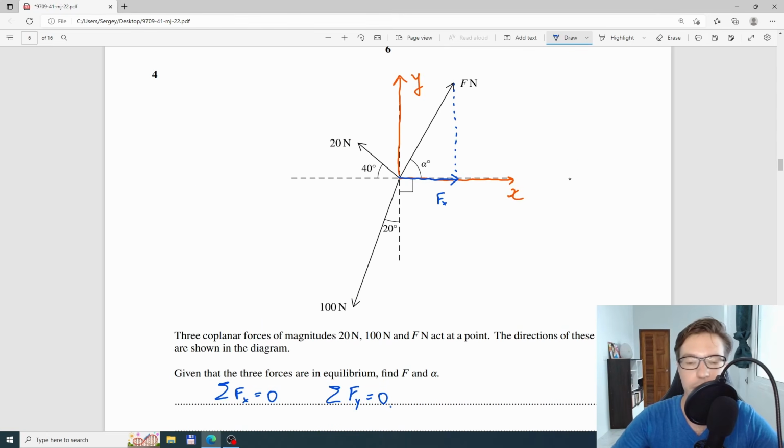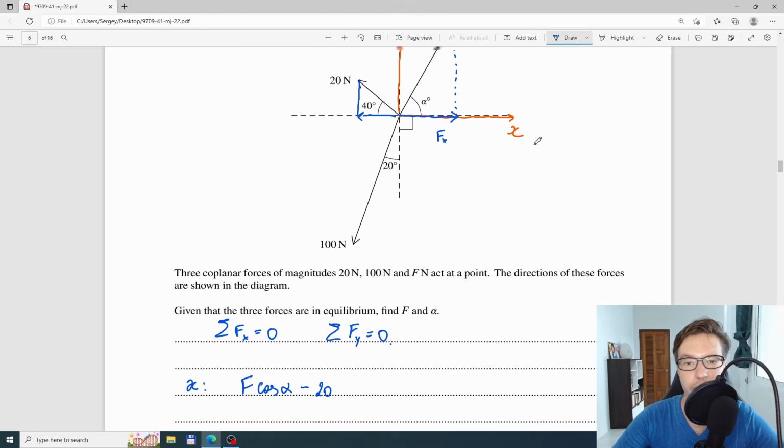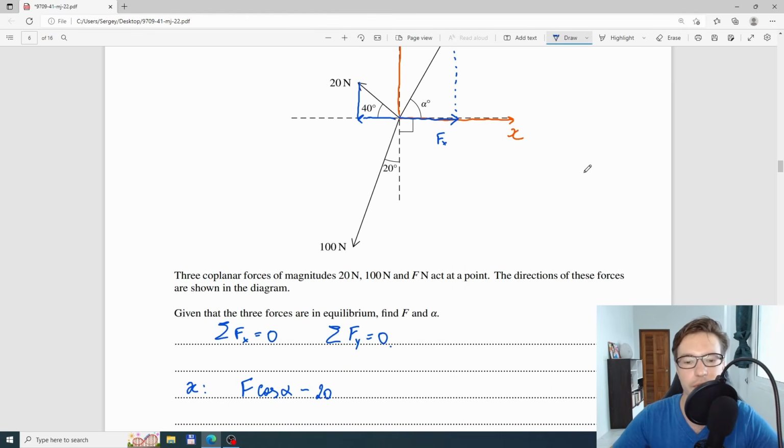Next, we got 20 newtons, and its x component is acting to the left. It's opposite direction of x-axis, that means I will take it with a minus sign, minus 20. The x component is adjacent to the angle of 40 degrees, so I will multiply it by cosine 40. Last but not least, we've got the force of 100 newtons.